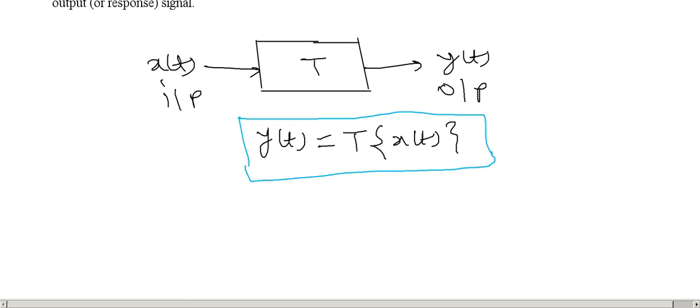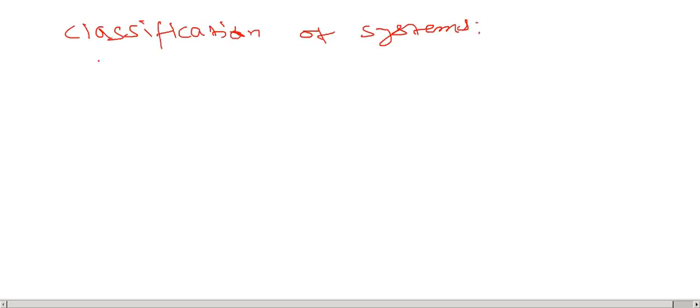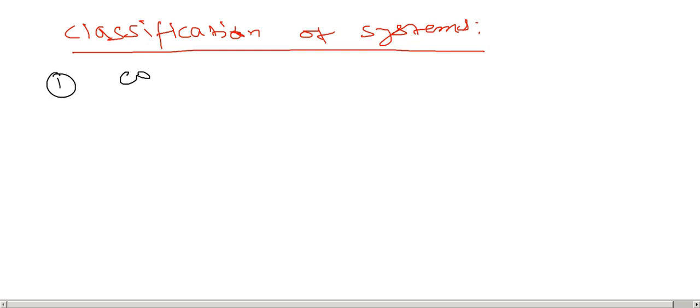Now let us see the classification of systems. The first classification is continuous time and discrete time systems.